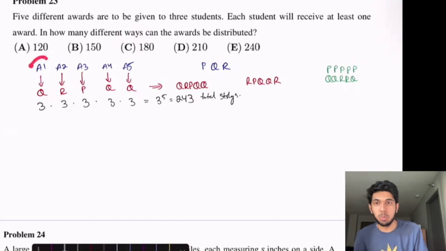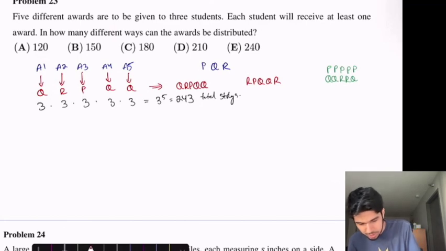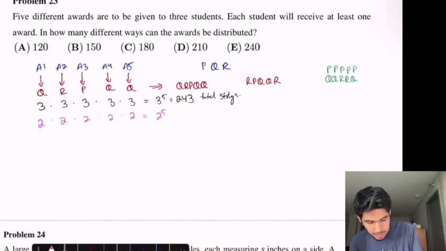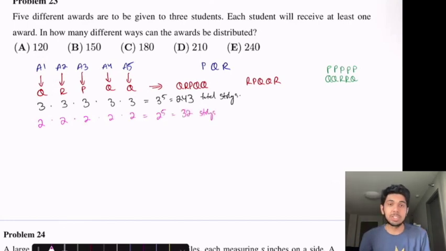So now A1 only has 2 people that they can give it to, since we're excluding 1 person. So there would be 2 options for A1. Similarly, 2 options for A2, and so on. 2 to the 5th, which is equal to 32 strings. So this is saying there's 32 strings of this form where we're excluding 1 person.